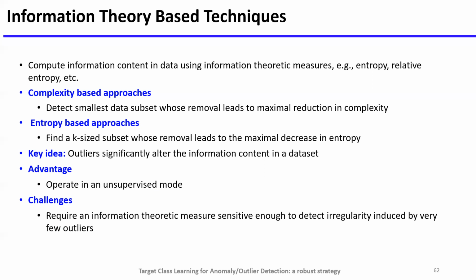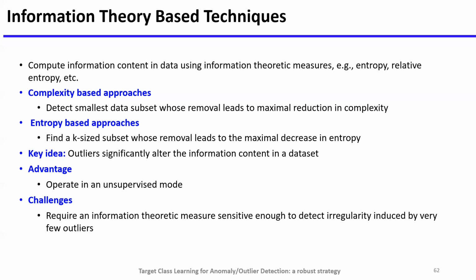Another thing is we can also detect the smallest data subset whose removal leads to the maximum reduction in the complexity, and that can help us to understand the data pattern and labeling in terms of normal or anomalous data.